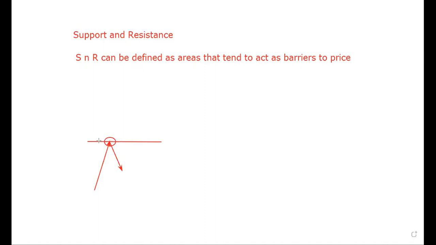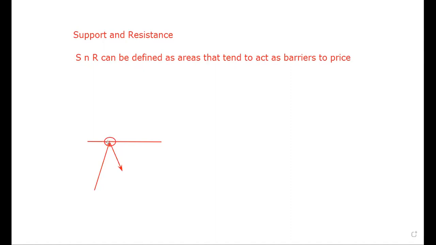When you are unable to identify this barrier, you will be surprised and say, why is price stopping me out? Why is it that anytime I enter, the trade begins to go against my direction? It is because you are not taking note of what we call support and resistance. The price stop is not automatic. It means that something is stopping price, and that is why we call it a barrier.